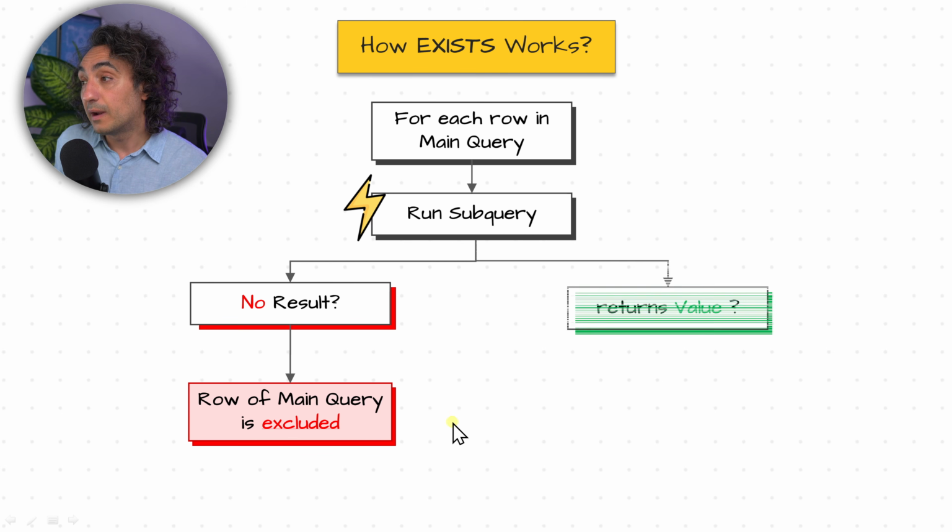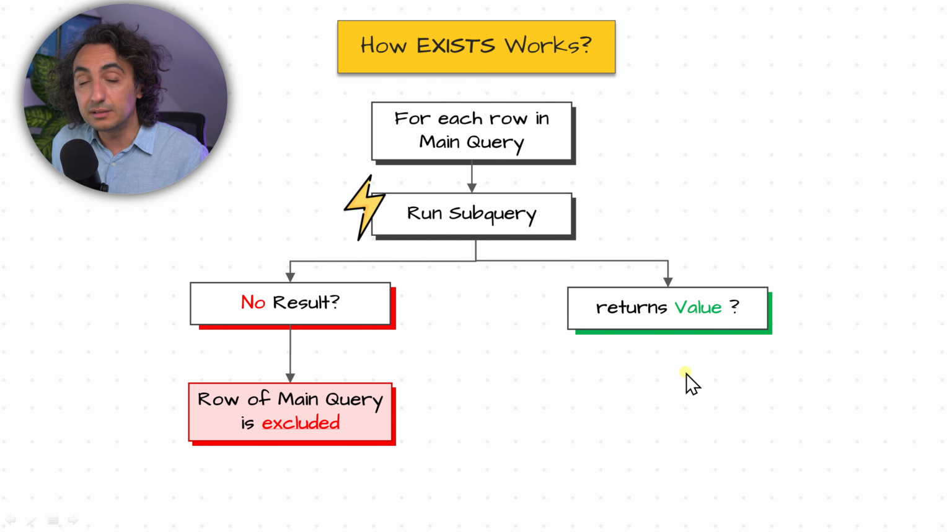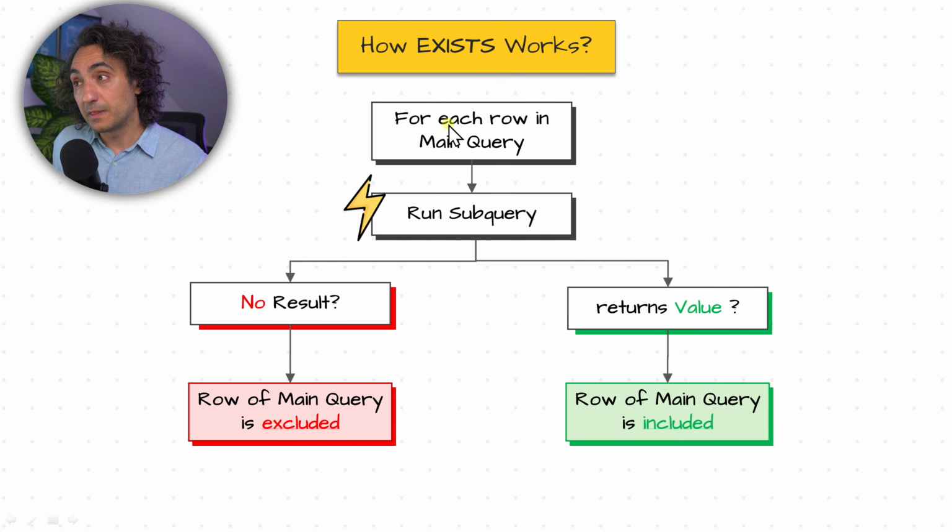But on the other hand, if the subquery is returning a value, so we have some kind of results, then the row that we are evaluating is going to be included in the final results. So the subquery here is used in order to do a test. Do we have a result or we don't? And based on this, SQL either includes or excludes the row from the final results. So this is the logic behind EXISTS in SQL.